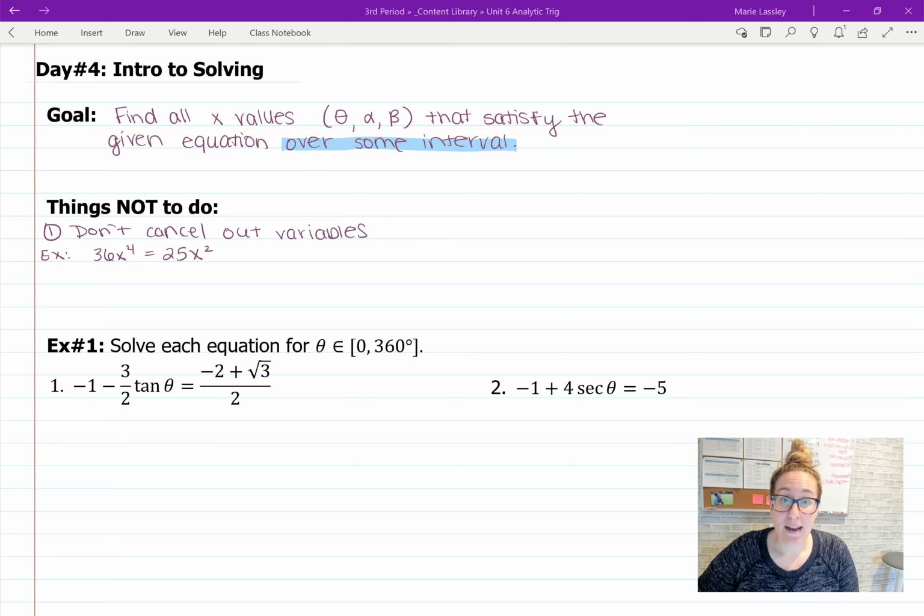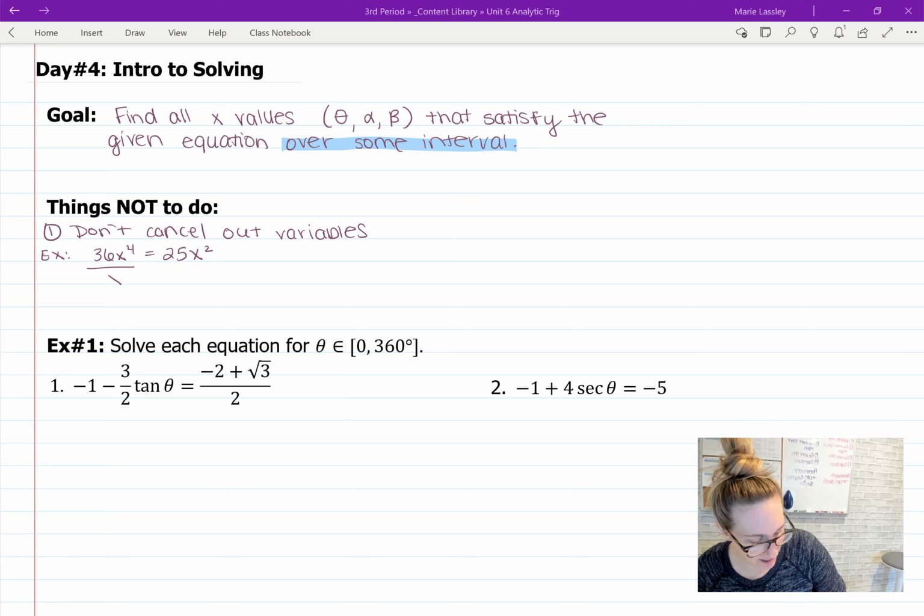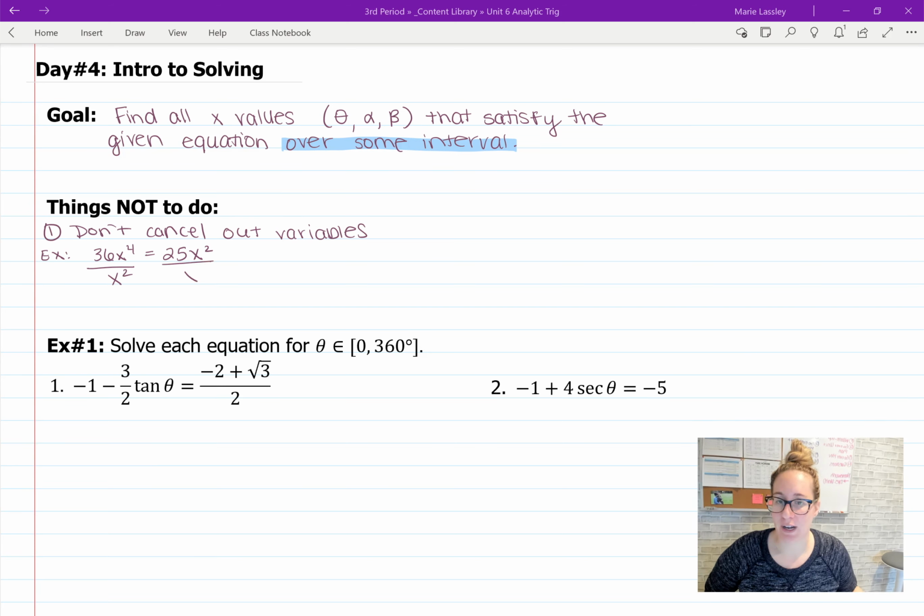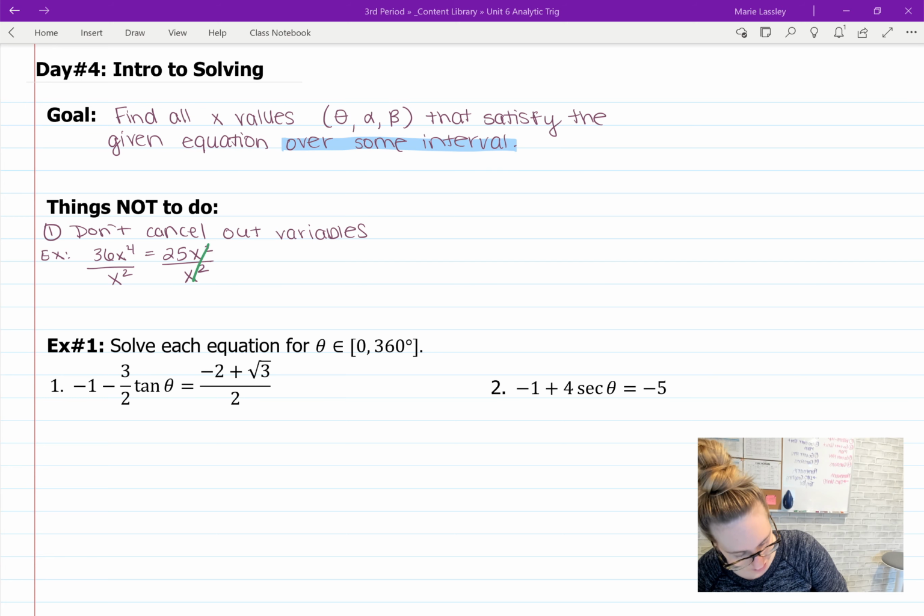Now, what a lot of you are very tempted to do is to simplify out the x's. I see this happen all the time. You'll divide both sides by x squared. Then you cancel out the x squareds on the right-hand side, and you simplify x to the 4th over x squared to be 36x squared equals 25.